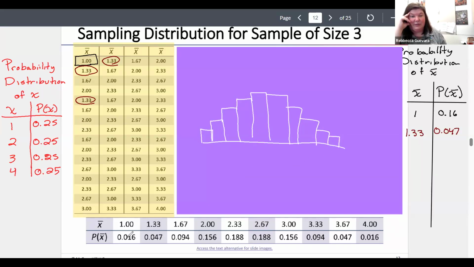But that's what we're seeing here, right? We got a 0.016, a 0.047, and we're just looking at those different means down here.